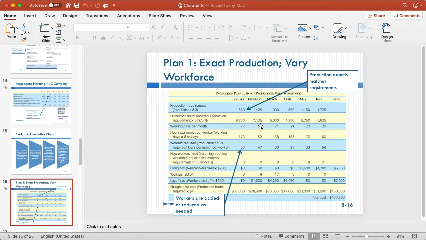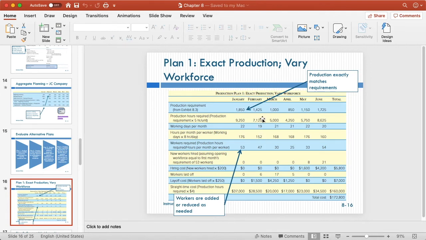And for February, the specific working days is 19 days. And for every worker, the working hours within February is 152. How to get this? Use 19 times 8, very straightforward, to get this 152.